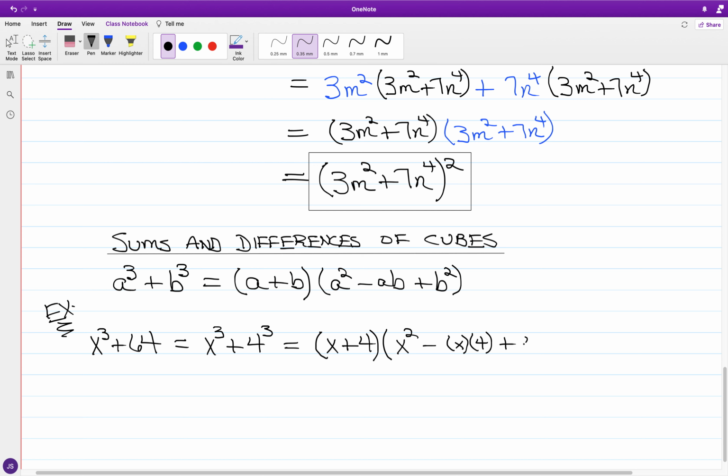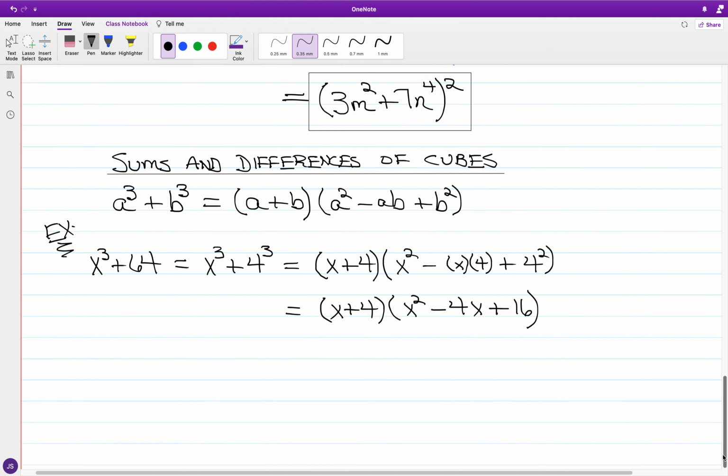And for plus b squared, this will be plus 4 squared. So in the follow-through, you have the quantity x plus 4 times x squared minus 4x plus 16. So this is one sample of a sum of cubes. Now, in the case of what we have for the difference of cubes.